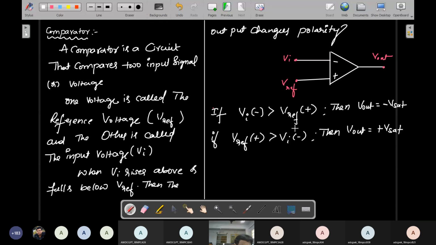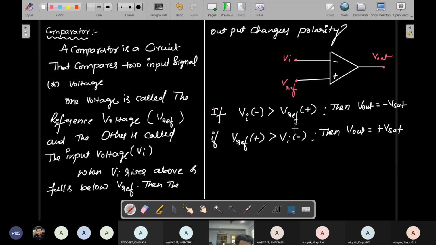Please note everybody, this is the story about comparators. Comparators always compare input voltages, and the output we collect is a comparison of the input voltages. In this operational amplifier, one voltage is called the reference voltage and the other the input voltage.